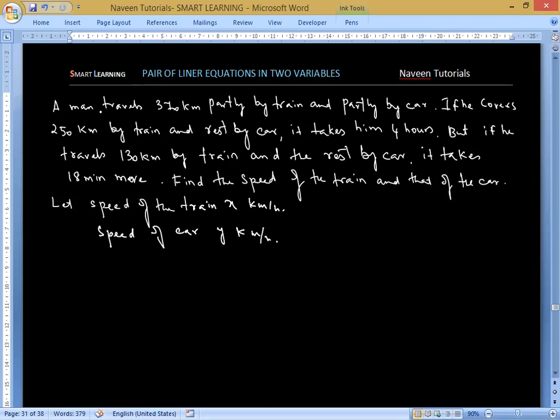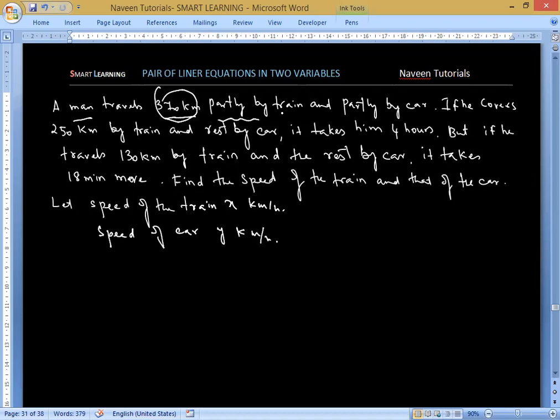Then in the question, a man travels 370 kilometers partly by train and partly by car. It means the total distance traveled by the person is 370 kilometers.